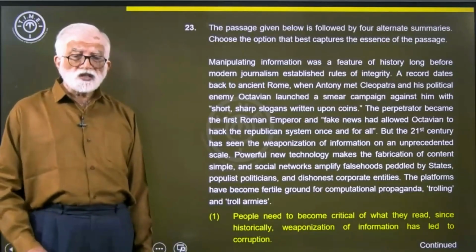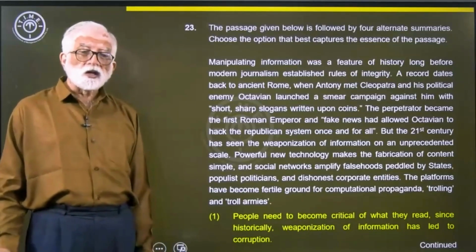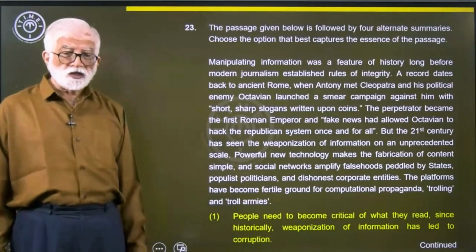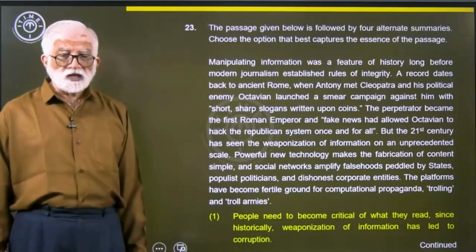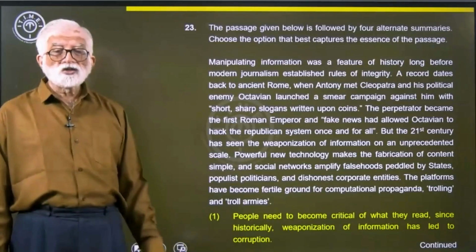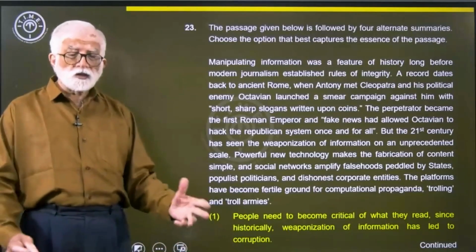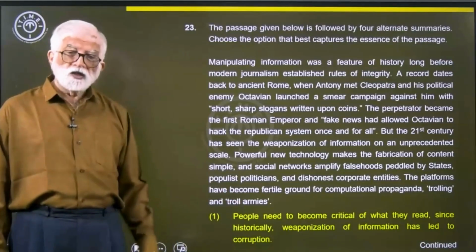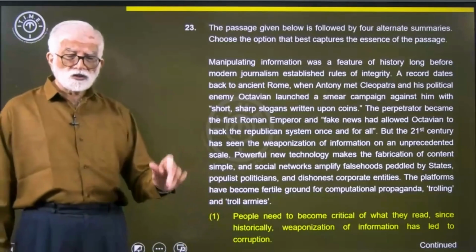But the 21st century has seen the weaponization of information on an unprecedented scale. Powerful new technology makes the fabrication of content simple, and social networks amplify falsehoods peddled by states, populist politicians and dishonest corporate entities. So everybody now has jumped onto that bandwagon, including governments, populations, and dishonest corporations.